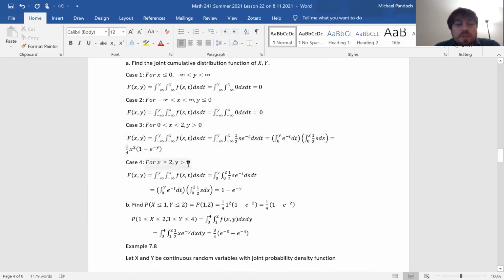And then this is equal to, well, if you integrate this and multiply it by this, this is a definite value, right? And so is this. This is an expression of y, and this is an expression of x. And so when you multiply this expression of y and this expression of x, you get 1/4 x squared times 1 minus e to negative 2.